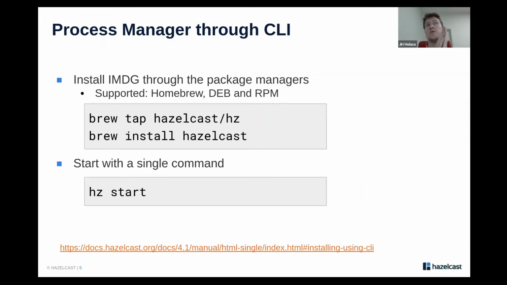So if you're on Fedora, or for instance, if you're using Yum, you don't have to do the downloading of the zip archive and unzipping it and porting your scripts to that. All you do is just yum install hazelcast, or brew install hazelcast, or apt-get install hazelcast, with, of course, adding an additional repository. But installing Hazelcast IMDG software is now as simple as ever.